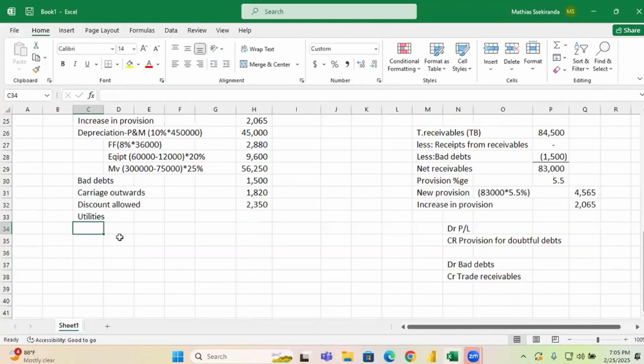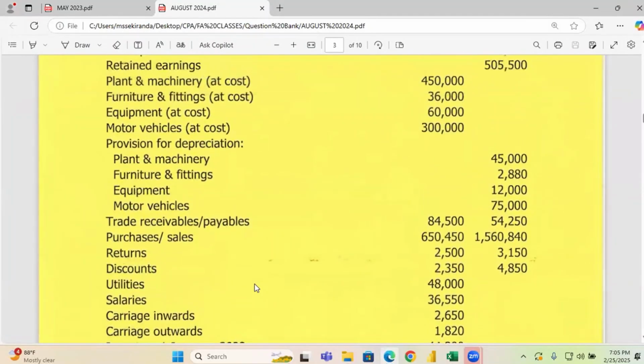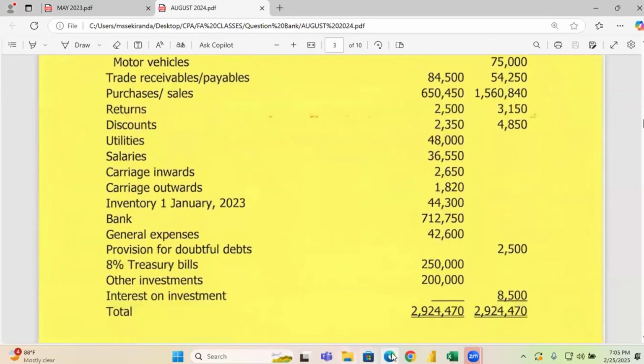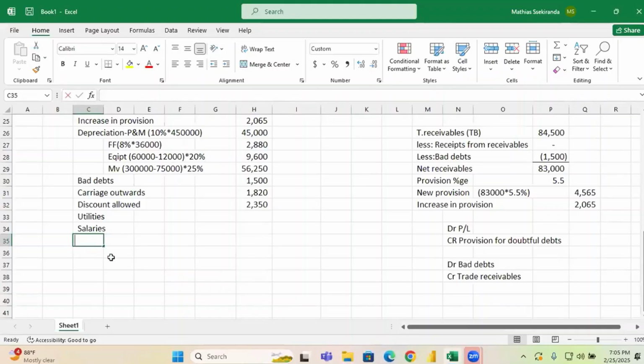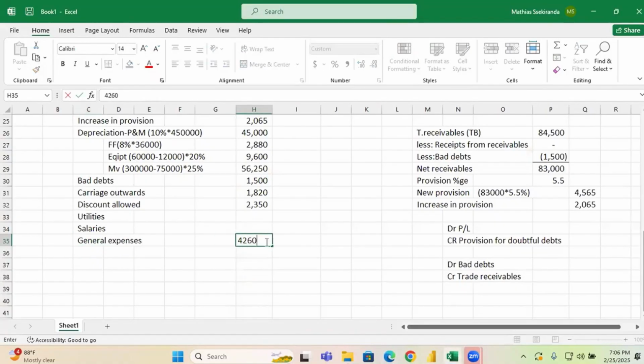Let me first list them: salaries, utilities. Then which other? General expenses. I'm seeing general expenses somewhere, and these were given as 4,600. Now let's go to salaries.